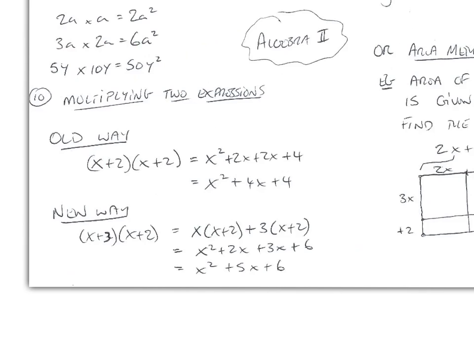Let's look at two ways of multiplying two expressions that are contained within brackets. So the old way, the way it used to be done, to multiply (x plus 2) by (x plus 2), we used to say x times x is x squared, plus by plus is plus, x by 2 is 2x, plus by plus is plus, 2 by x is 2x, and plus by plus is plus, 2 by 2 is 4.